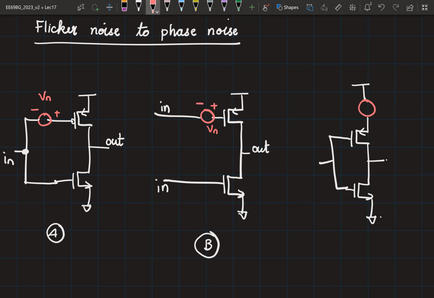We will also make a small assumption that the channel length modulation of the PMOS is 0, which means that this Vn is not going to cause any issues with respect to the VSD of the PMOS transistor. So what matters is the VSG of the PMOS transistor. To retain that as the same, I need to give these signs. I have retained the signs of Vn, so from now on it is not required. Now I have the circuit C. If I assume that the channel length modulation of the PMOS is negligible, then A and C are equivalent.